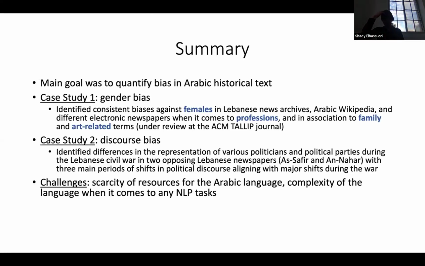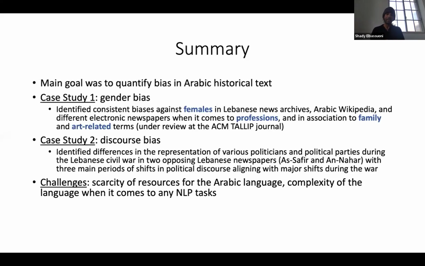Now, when it comes to challenges, this work was quite challenging. The main reason is that we're dealing with Arabic, and nobody had really looked at quantifying biases, whether gender bias or discourse bias, for the Arabic language, at least to the best of our knowledge when we started.